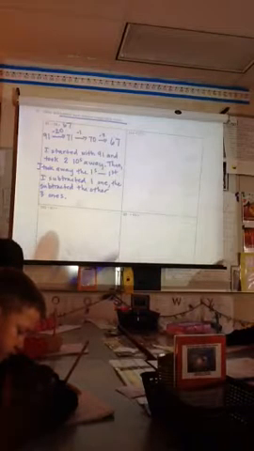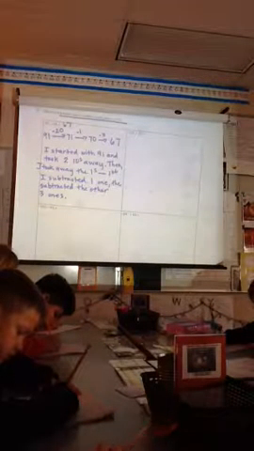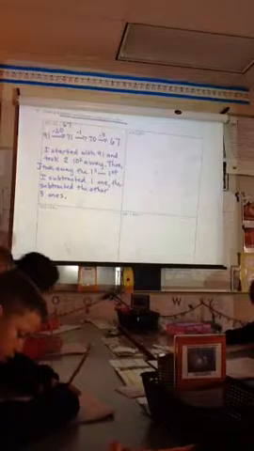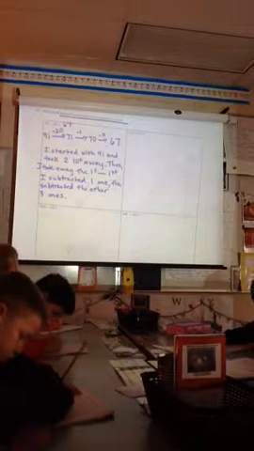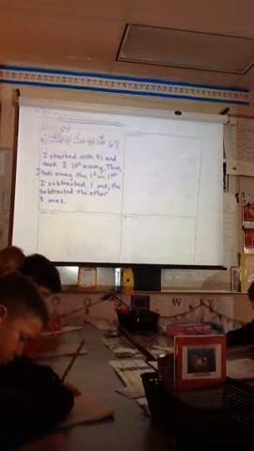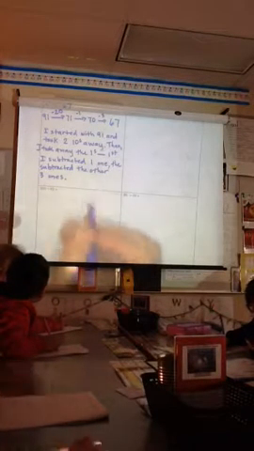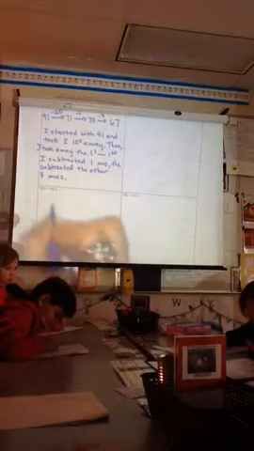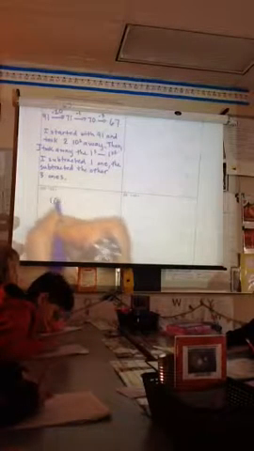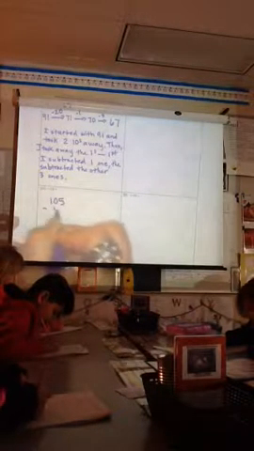Let me go ahead and do the next subtraction problem. 105 minus 42. I want to use a chip model with this problem. 105 minus 42.